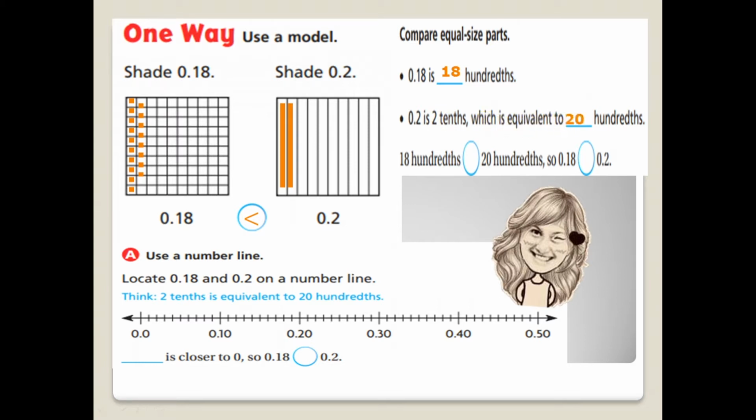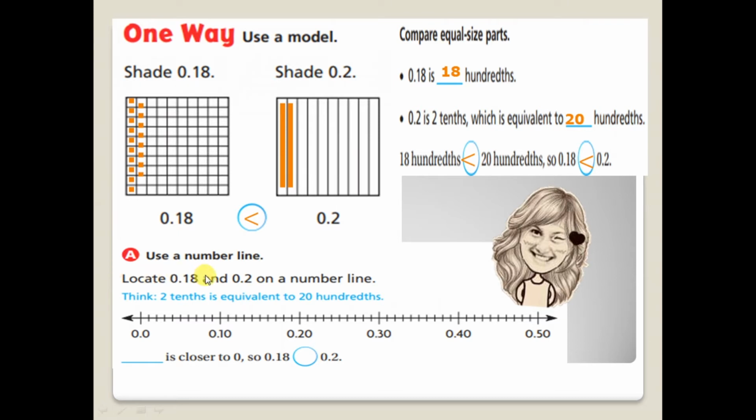Which one is bigger here, 20 or 18? 18 is less than 20, right? 18 hundredths, 20 hundredths. We can judge now because both are in the hundredths place. So 20 is bigger than 18 and 18 is less than 20. So the crocodile will open his mouth toward the biggest number, which is 0.2.